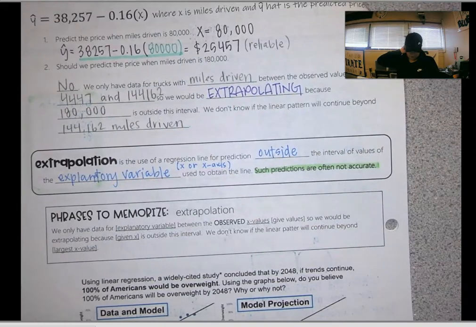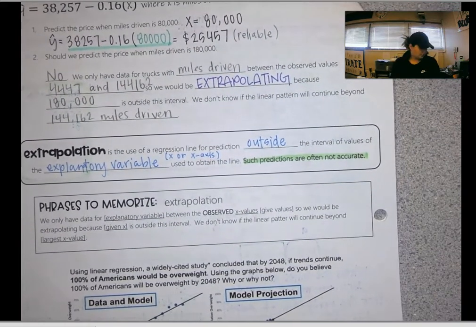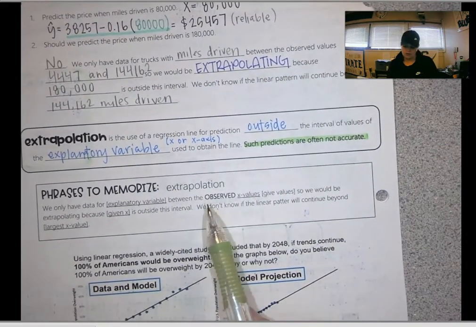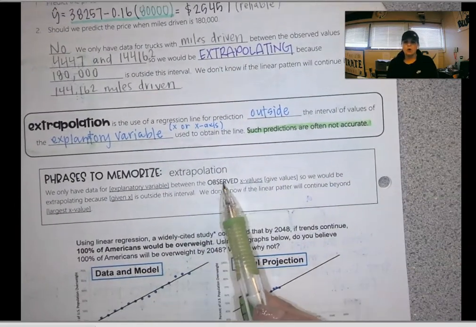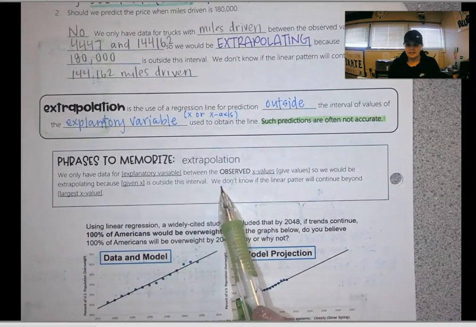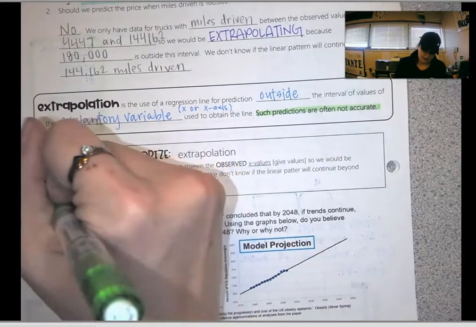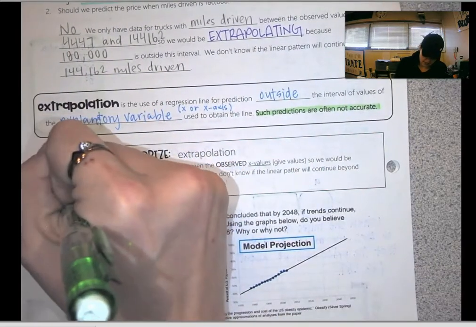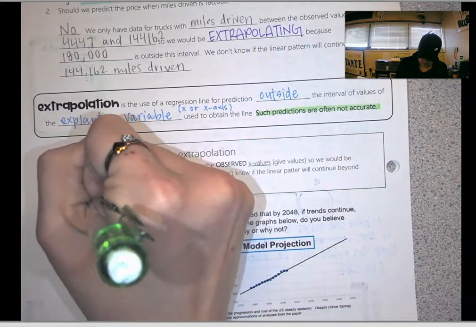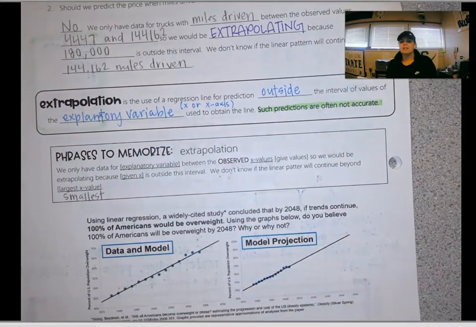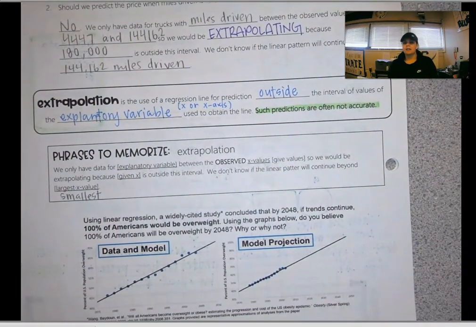And then before we move on, let's just make sure that we have everything in our phrases to memorize. One thing that we do need to add in is this last sentence. We don't know if the linear pattern will continue beyond. It might be the largest x value or the smallest x value, depending on what they're asking you to predict.